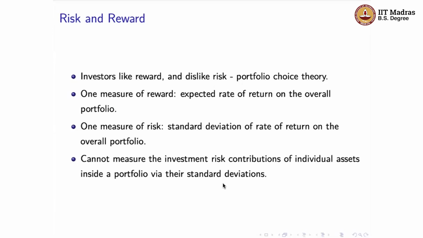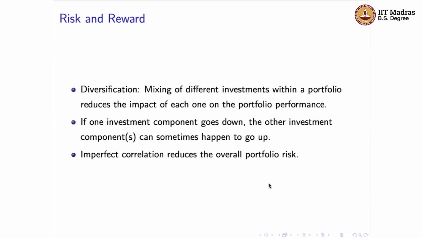If you recall our discussion of uncertainty, you can think of the standard deviation of the rate of return on the overall portfolio, and you can use that as a measure of the risk. Now, the problem is that we cannot directly just take the standard deviation of the individual assets and use that to come up with the standard deviation of the overall portfolio, right? So this involves a bit more work, and this is what inspired us to think about diversification seriously.